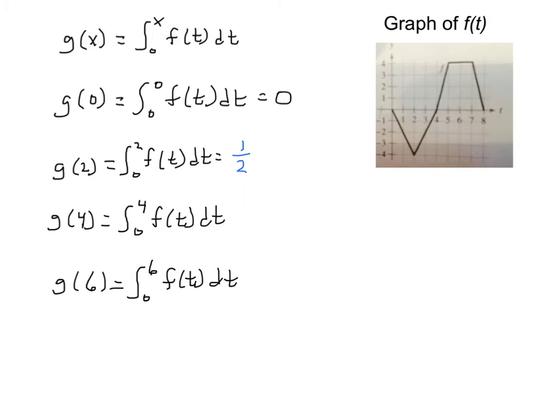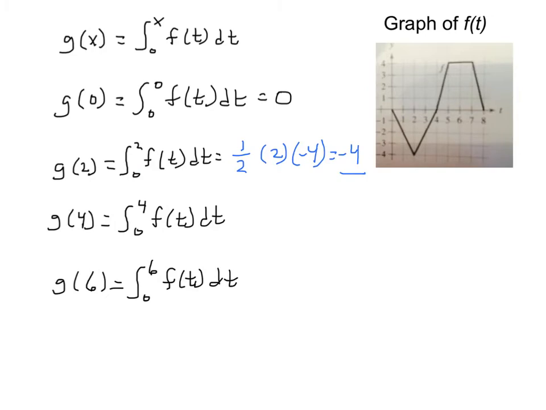The base is 2, from 0 to 2. The height is the function's value, which we'll use as -4. When I multiply that out, I get -4. So the value of the definite integral g(2) is -4.